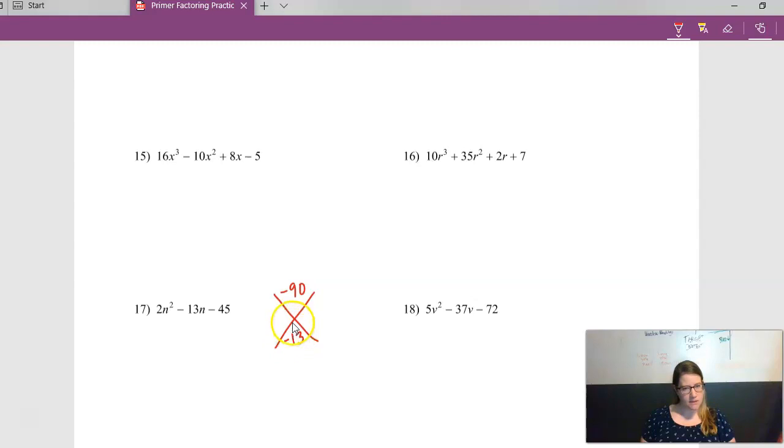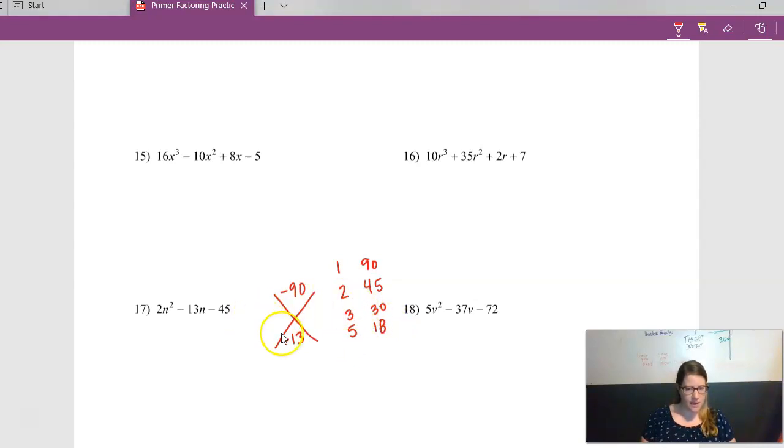So let's see, we've got 1 and 90, which obviously won't work. We've got 2 and 45. We've got 3 and 30. 4 won't work. 5 would go in 5 and 18.